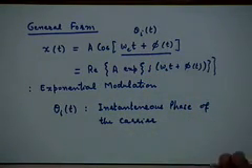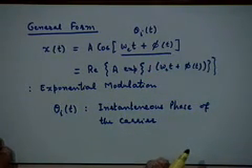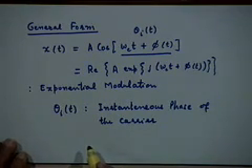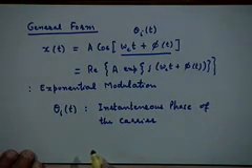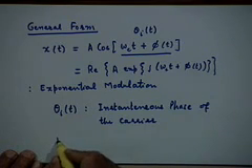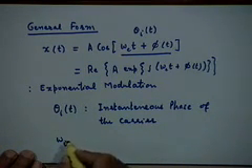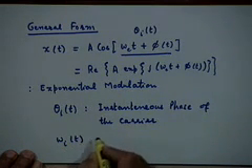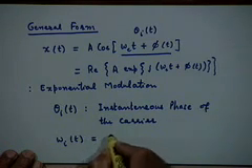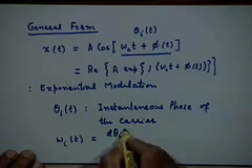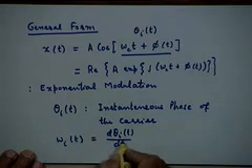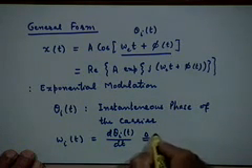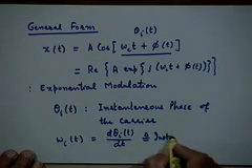This is very elementary, you know it from your school physics. It is nothing but the derivative of the instantaneous phase. So I could define therefore a quantity omega sub i, which is equal to d theta i by dt, and that's defined as the instantaneous frequency.